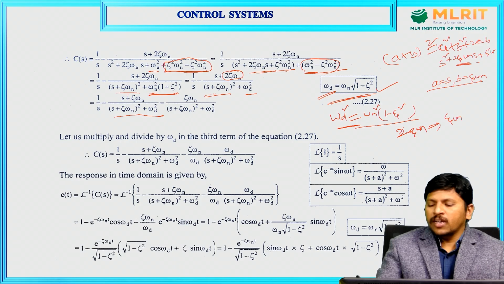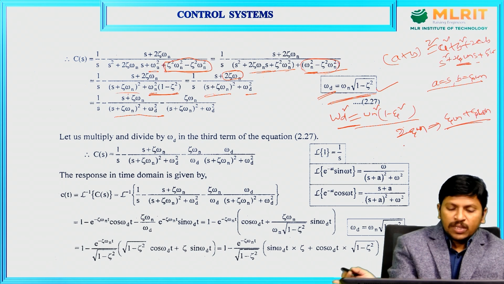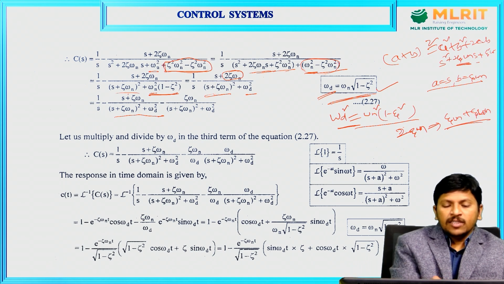Zeta omega n plus zeta omega n, that is nothing but 2 zeta omega n. Simply, that way we are going to use it here: s plus 2 zeta omega n, s plus zeta omega n divided by s plus zeta omega n whole square plus omega d square minus zeta omega n.